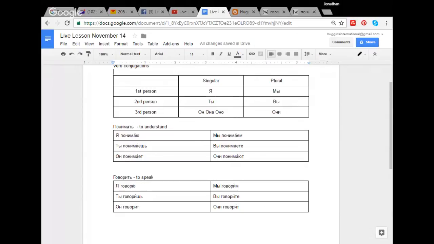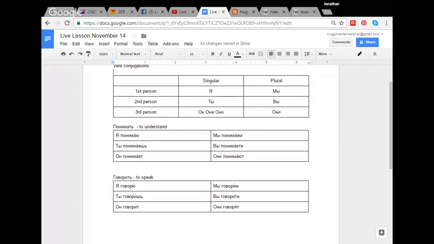So, not in the present tense, but at least in the past tense, it's important to know if this first person singular is masculine or feminine, if you're talking about a man or a woman, and also in the second person ты. So in general, я doesn't change, but for the conjugations later, when you see the past tense, you will need to know if you're talking about a man or a woman. But specifically for the third person singular, you do need to know, at least in the past tense.